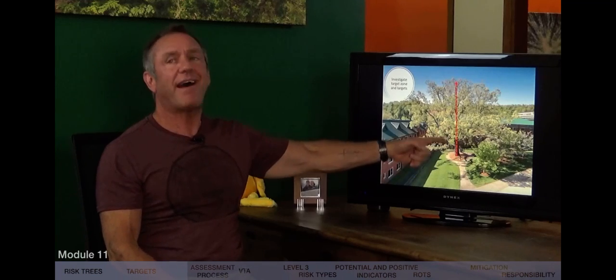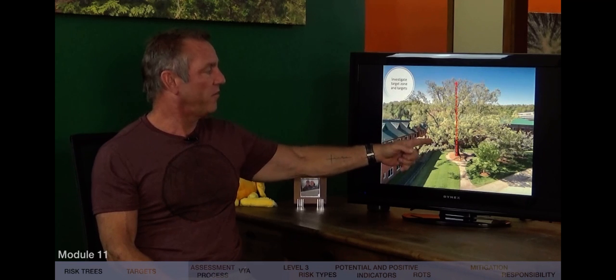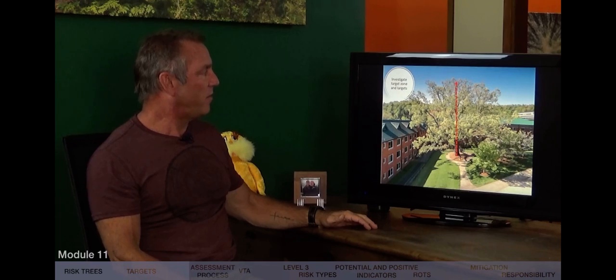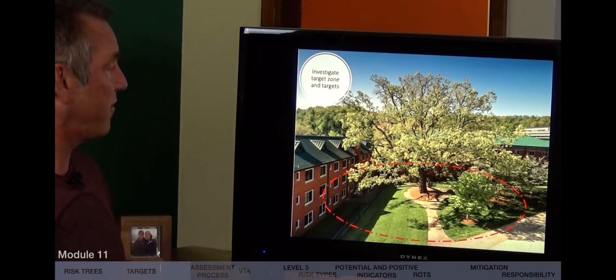What we do is we take the height of the tree and we determine that either with some type of instrument or measuring device, and then we'll lay that down and determine the target zone based on the height of the tree.